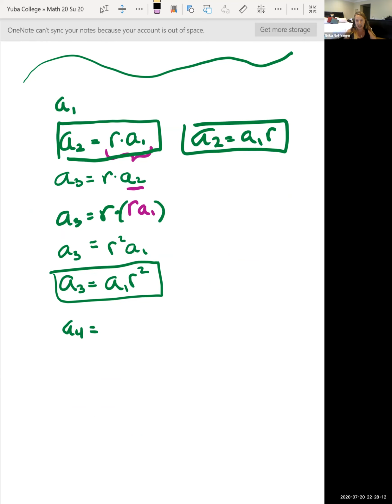By definition, a sub 4 is equal to R times the term right before, a sub 3. But a sub 3 is the same thing as the first term times R squared. This is the same thing as a sub 1 times R times R squared, which is R cubed. So a sub 4 is a sub 1 times R cubed.